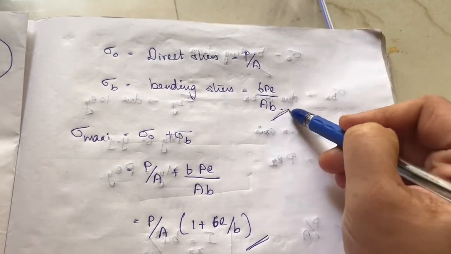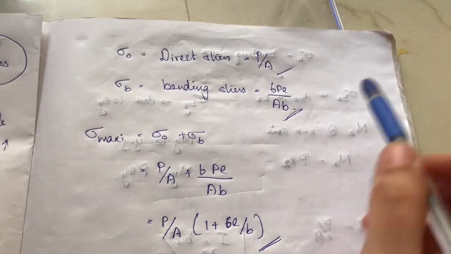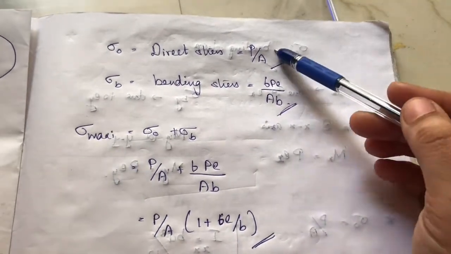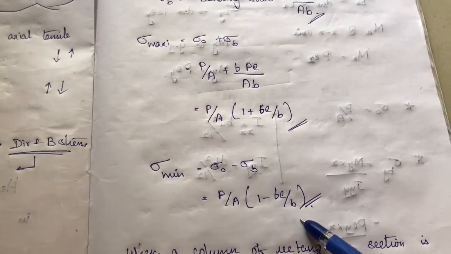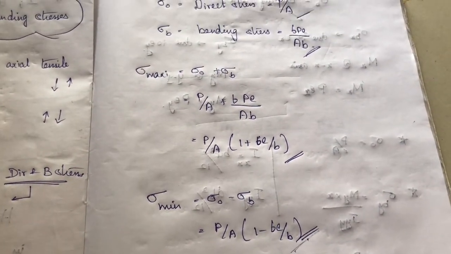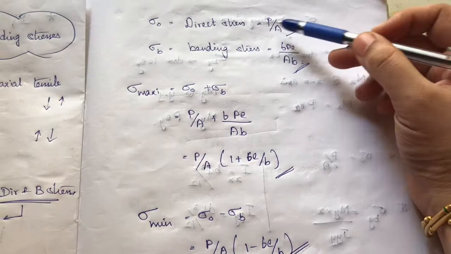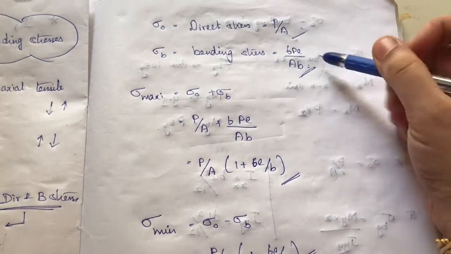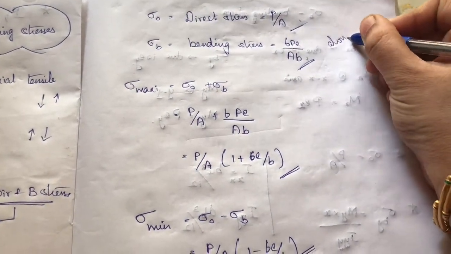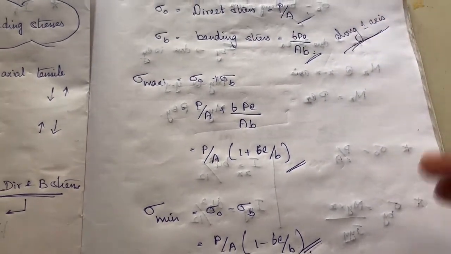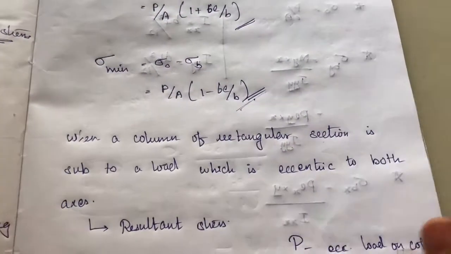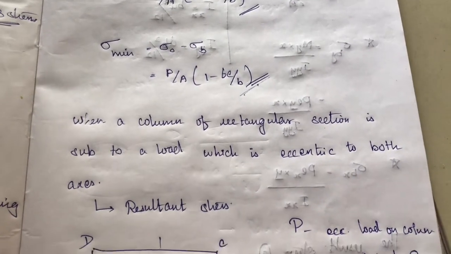Okay, so this is a formula, just remember it. So maximum stress will be, add them together and it will give the maximum stress, and subtract it, it will give the minimum stress. Okay, so this is the formula for the direct stress and the bending stress along only one axis. The eccentricity is along one axis, right? The distance is along one axis.